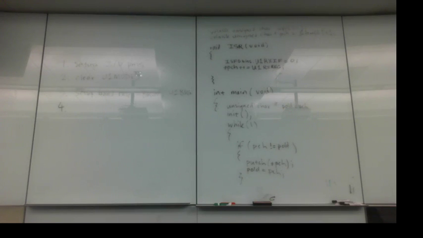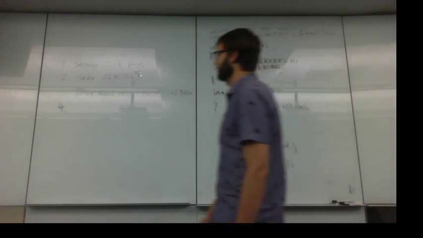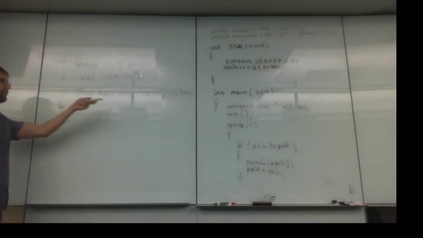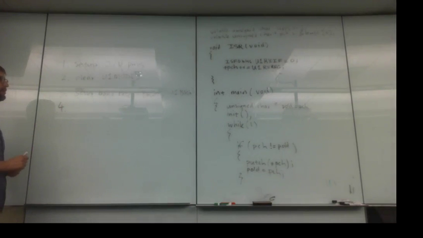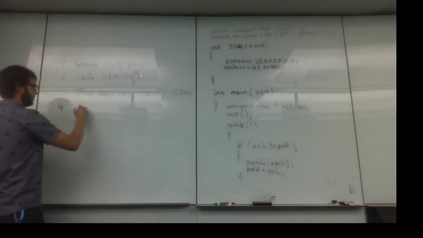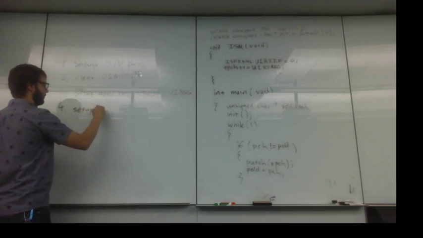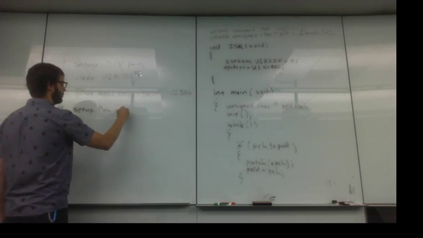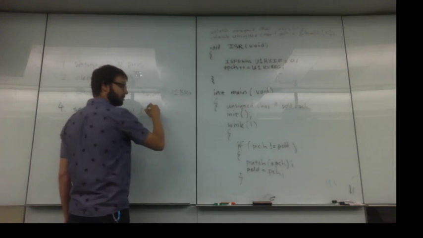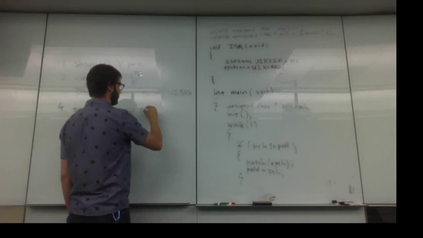Because when you clear U1 mode, you disable the UART, so it's kind of nice when you're configuring it to have it disabled. So that's why you do that first. So you set up the baud rate, this BRGH and U1 BRG registers, and then you set up or disable flow control. And we're never going to use it, so we're always going to write 0 to those 2 bits of the U1 mode.